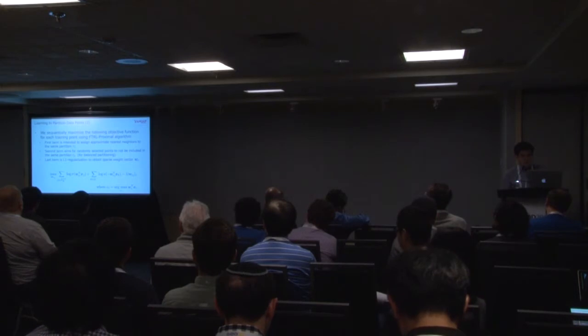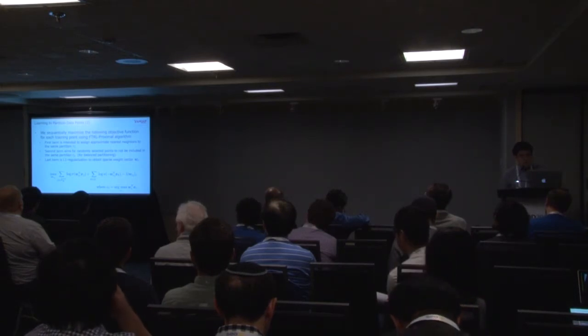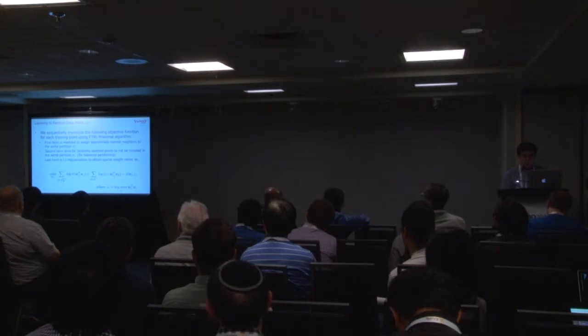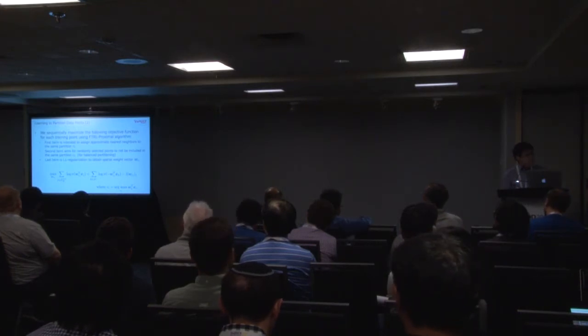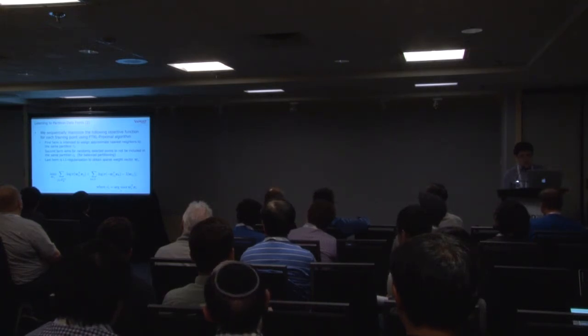In contrast with the common balanced k graph cut problem, we need to learn a multi-label classifier to predict the partition of an unknown test point. So we sequentially maximize this objective function for each training point, like stochastic k-means clustering.